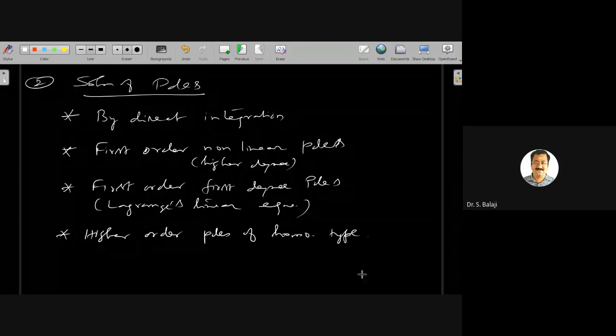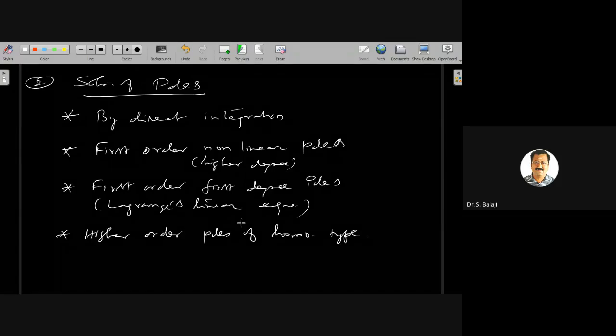These are the four different types of PDEs and their solutions we discussed here: by direct integration, first order non-linear PDEs, first order first degree PDEs, and then higher order PDEs of homogeneous type.